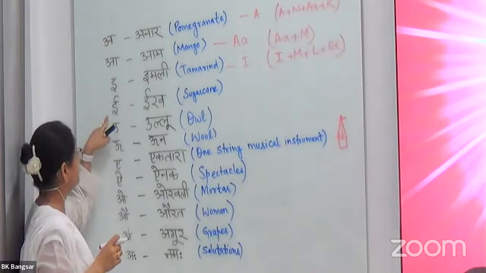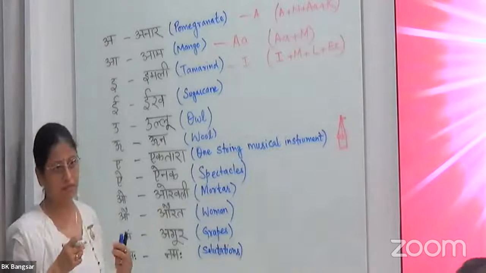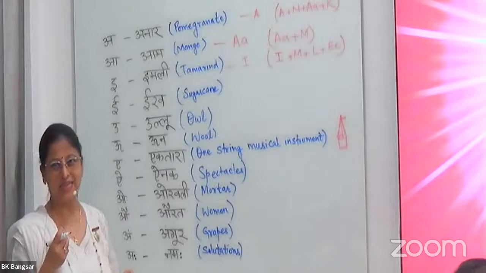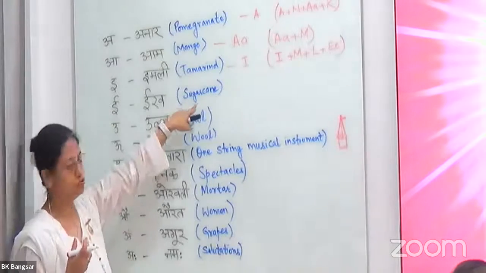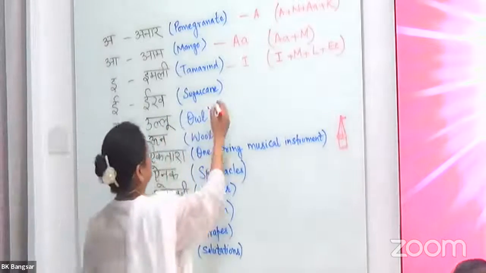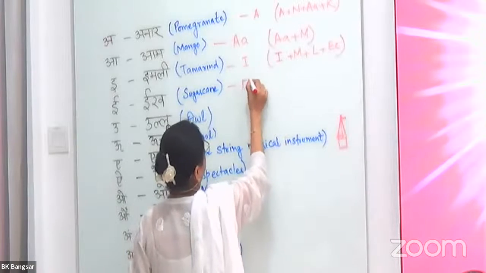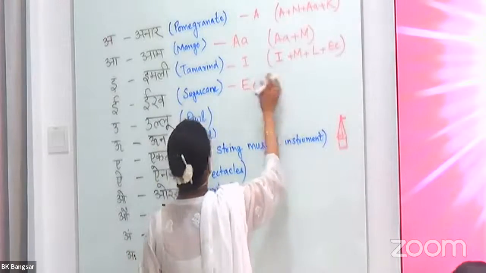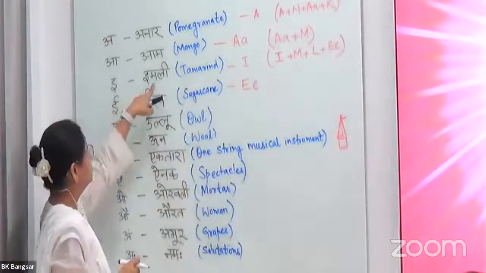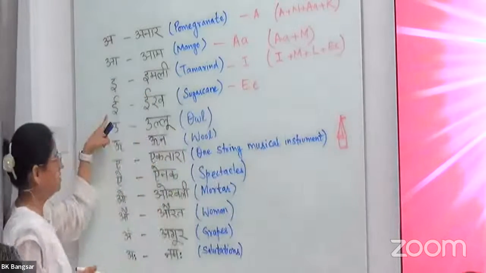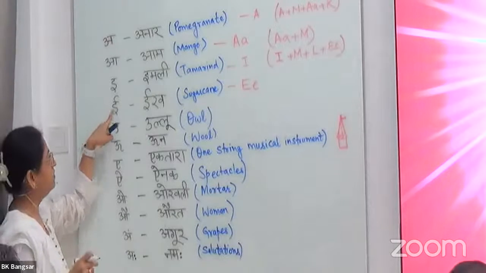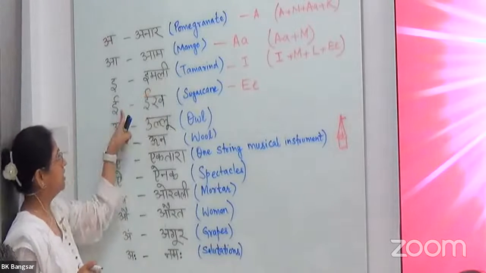Okay. Then is the E. E is like eek, which is sugar cane. So what E was used here is actually this E. But when we write, we don't write like this.